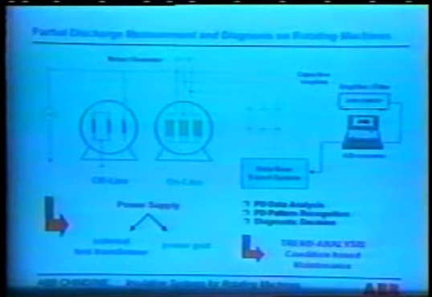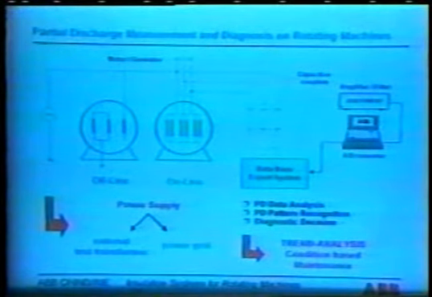And there are several advantages and disadvantages for these measurements. One main difference is that for offline testing, we need an external power supply, an external test transformer, because the motor is disconnected from the grid. And for online testing, we use the normal phase-to-ground voltage as a testing voltage.